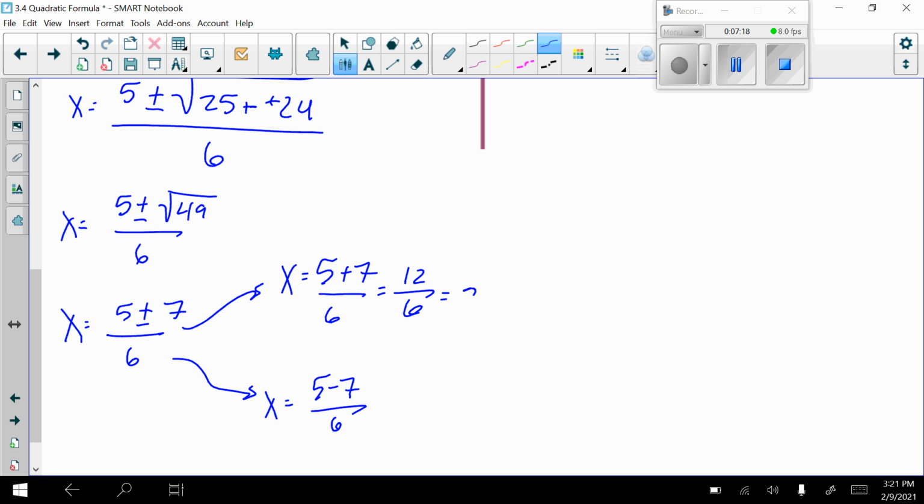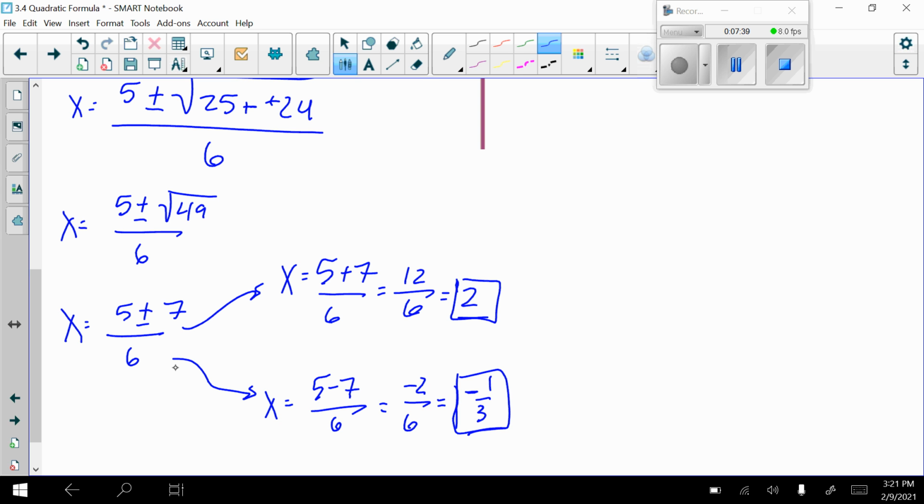And 12 over 6 is 2, so there's one of our solutions, one of our x-intercepts. 5 minus 7 is -2 over 6, and we can reduce that to become -1 over 3. So there's our other solution. Okay, so here are our two solutions, 2 and -1/3.